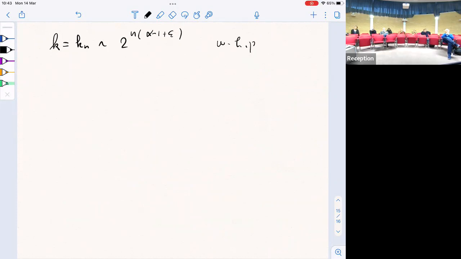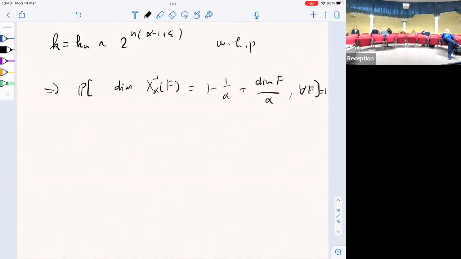And with this counting in mind, I can have the upper bound, which gives, if you consider an alpha stable process, the inverse image formula: the dimension is 1 minus 1 over alpha plus dimension F over alpha, uniformly for all F with probability 1.